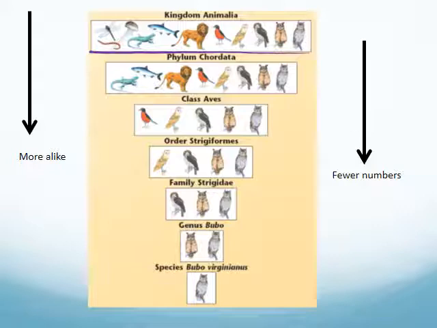Class Aves, we can narrow it down even more. Class Aves are the birds, and then order Strigiformes. It looks like we've now gone somewhere into owl territory. Strigidae is our family, and then genus is Bubo, and then species here is Bubo virginianus. So I would probably guess that this bird is located in Virginia.